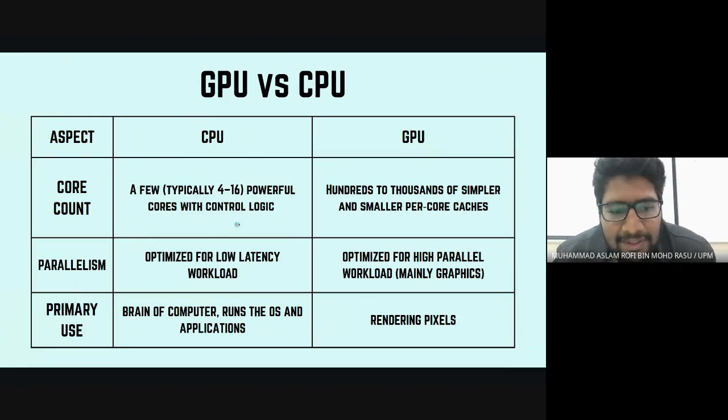And as for parallelism, a CPU is optimized for low latency workloads, so it requires fast response. However, a GPU is optimized for high parallel workloads, which is mainly graphics. The primary use for the CPU is that it acts as the brain of the computer and runs Windows, whereas the GPU is mainly used for rendering pixels and graphics.